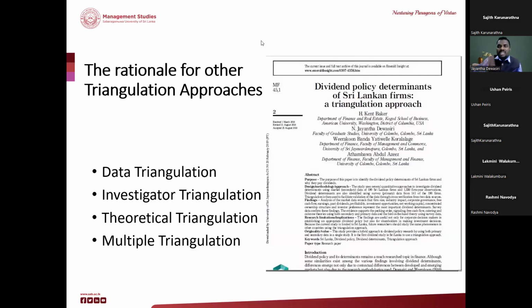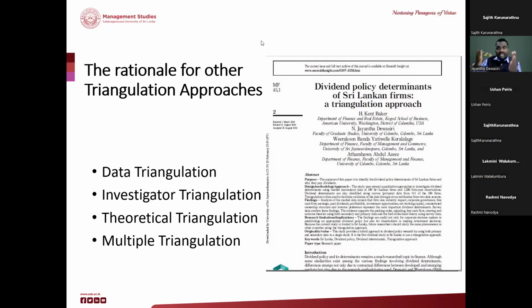There is ample research being carried out every day to investigate the dividend policy determinants. But there is a contradiction with regard to the findings, not only in different contexts, but also in the same context as well.